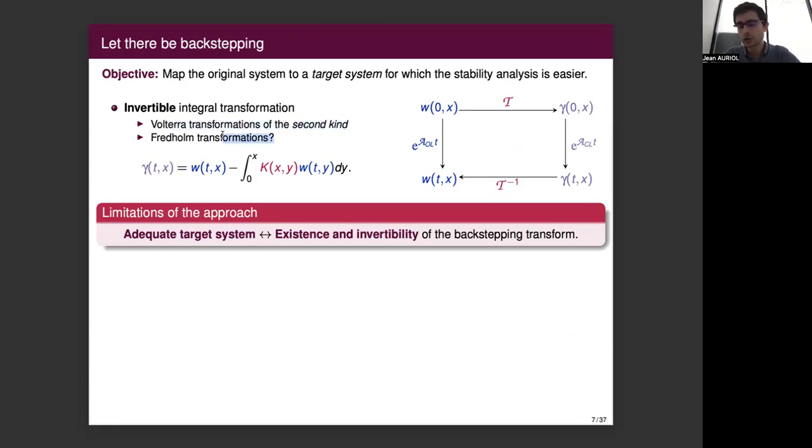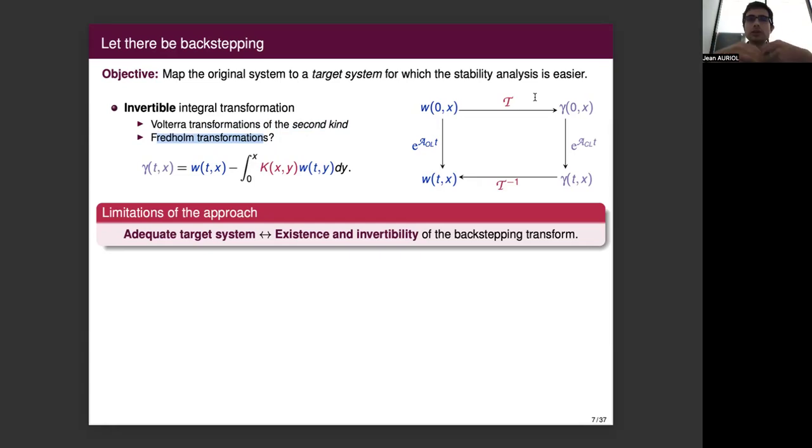Some recent contributions, in particular with under-actuated systems, introduce Fredholm transformations, but the advantage of the backstepping transformation is that it is always invertible, which is not the case for Fredholm transformations. This means that the two systems, the initial system and what we call the target system, will have equivalent stability properties.